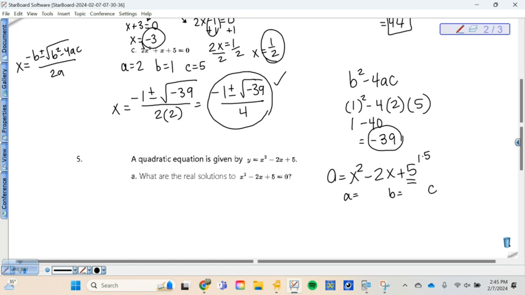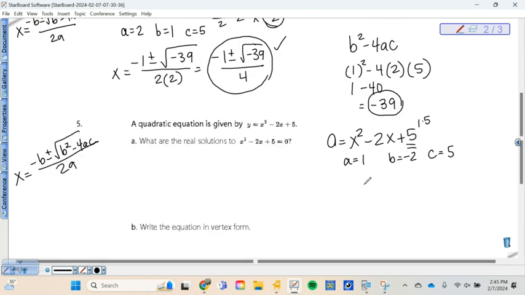So what's A? 1, B, C, 5. Okay, again, x equals negative b add or subtract square root b squared minus 4ac divided by 2a. Let's do our discriminant first. So b squared minus 4ac.